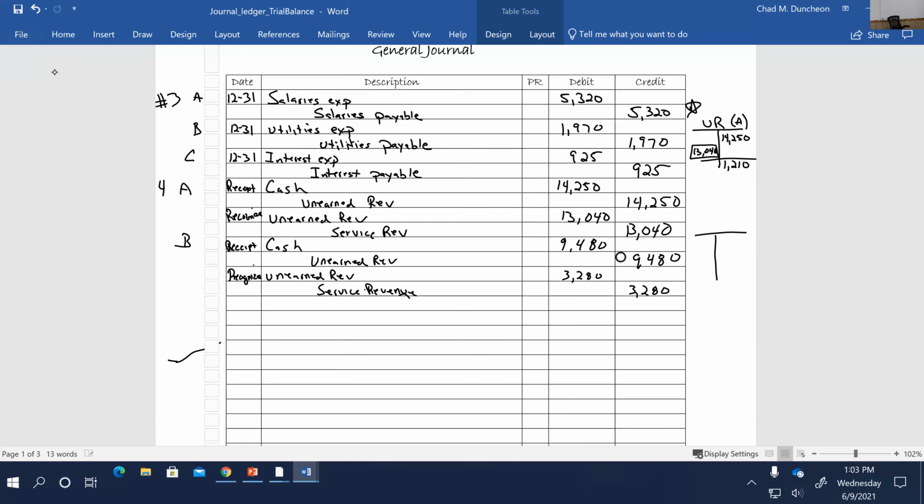But for B, it started at 9,480, and then we did 3,280 of the work, meaning that we had a balance still of $6,200 worth of work that is still remaining to be done on that contract.